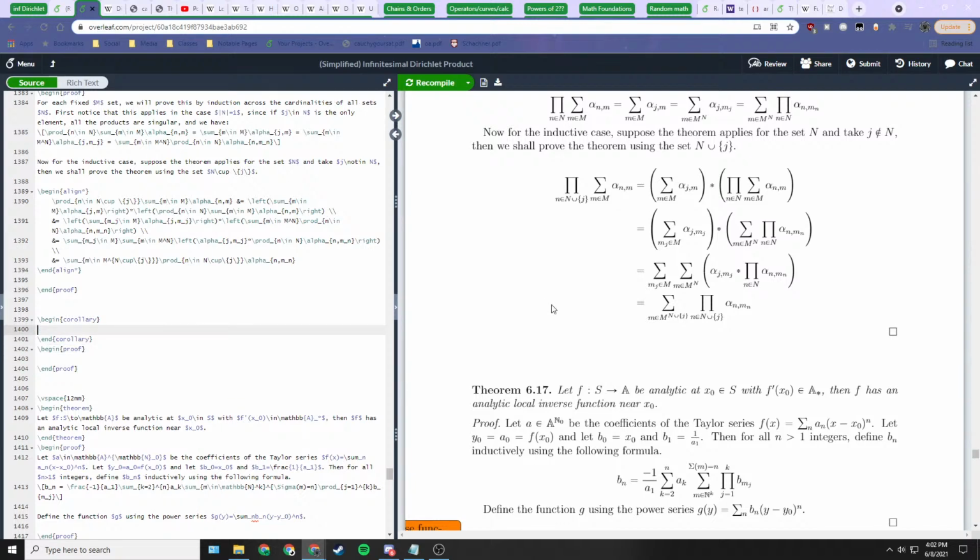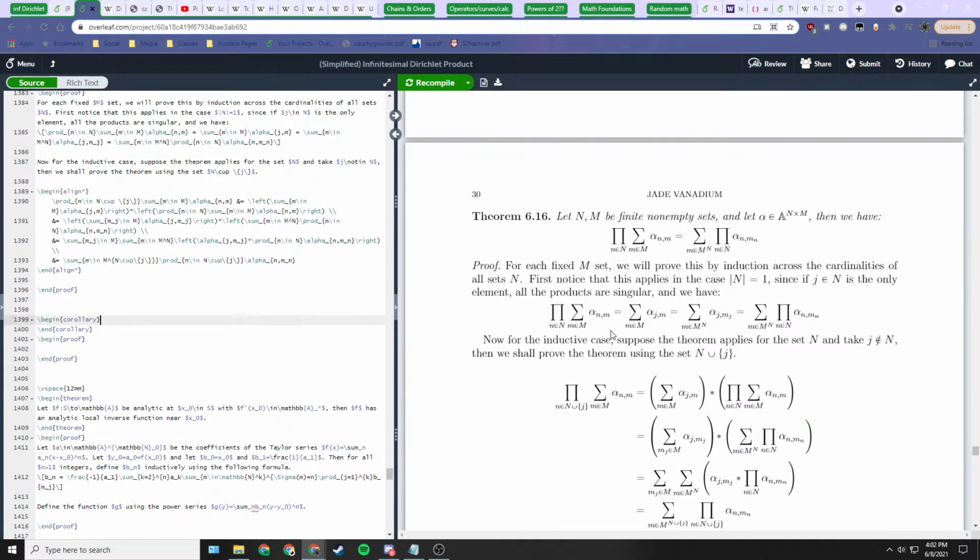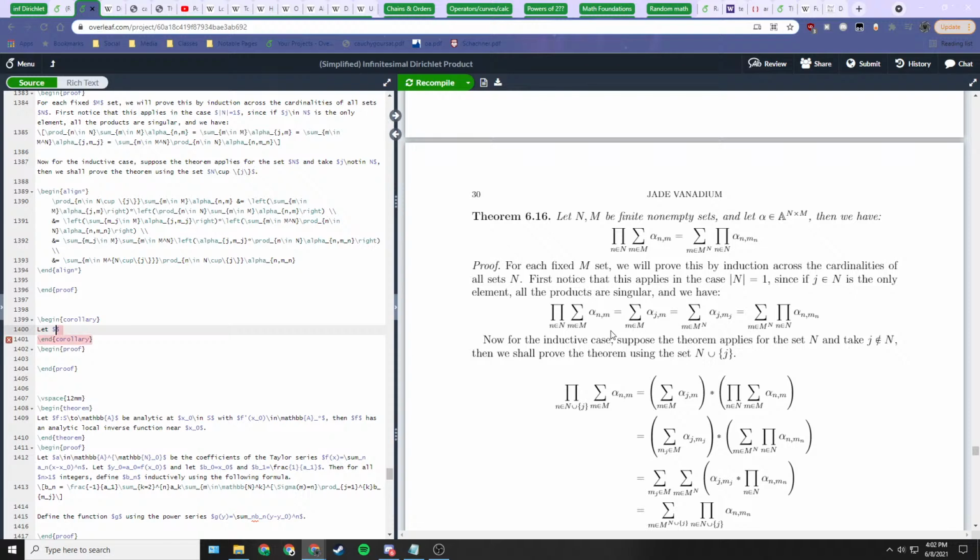So we'll say, let m and let n be a finite set and n be a countable set.